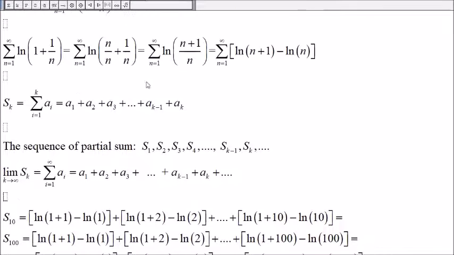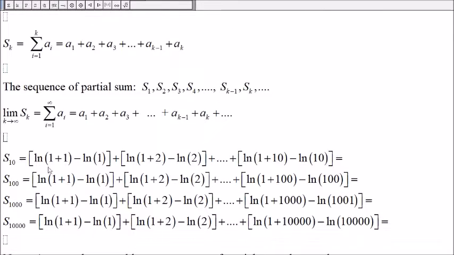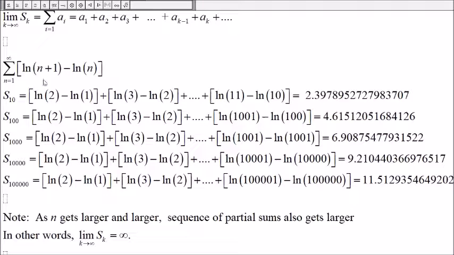For this particular series, here are the first 10 terms. When n is 1, we get 2 here, and then we get 1 here. When n is 2, we get 3 here, and then we get 2 here. When n is 10, we get 11 here, and we get 10 here, and so on. The sum of the first 10 terms is about 2.3978.